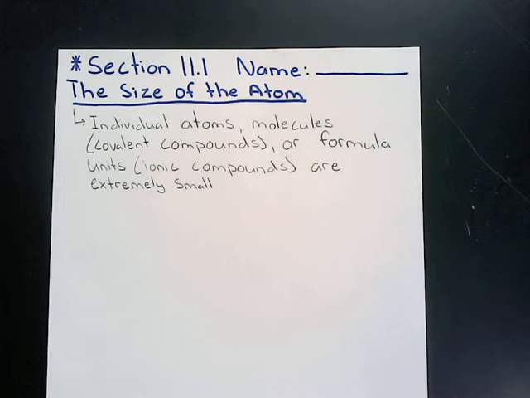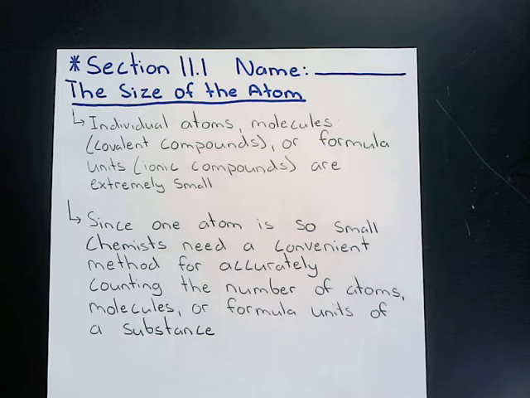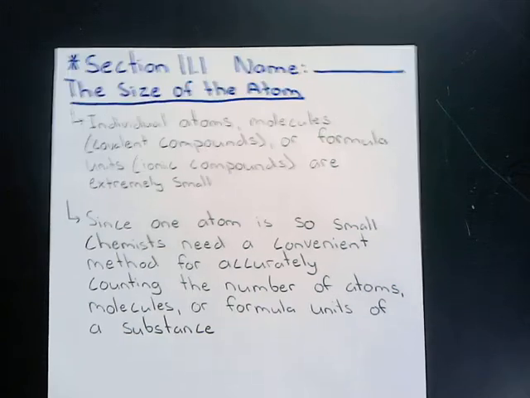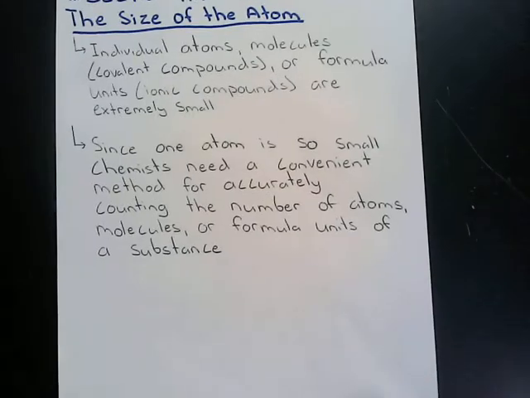Now, since one atom is so small, chemists need a convenient method to accurately count the number of atoms, molecules, or formula units of a substance. A couple hundred years ago, they developed a system to be able to count these particles, and not individual particles.